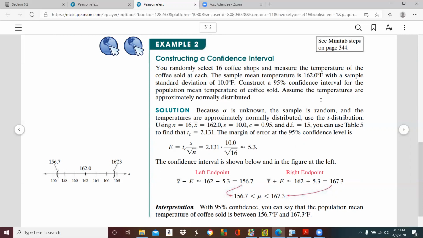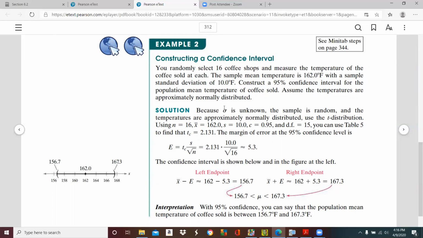Well, in this case, we do say that the temperatures are normally distributed. So since the population of temperatures is normally distributed, the sampling distribution is also normally distributed, and it doesn't matter that the sample size is below 30. Okay, it is explained in here.